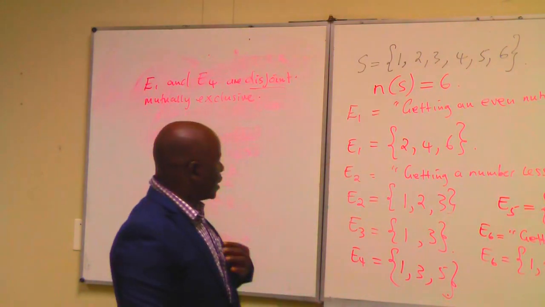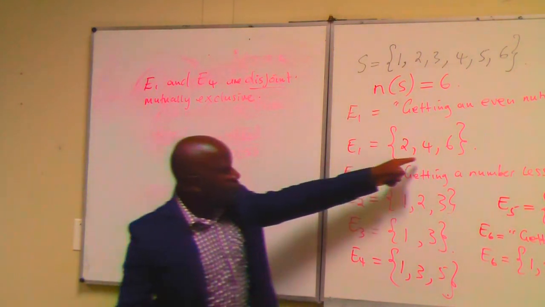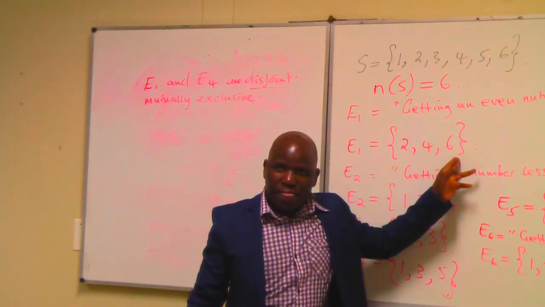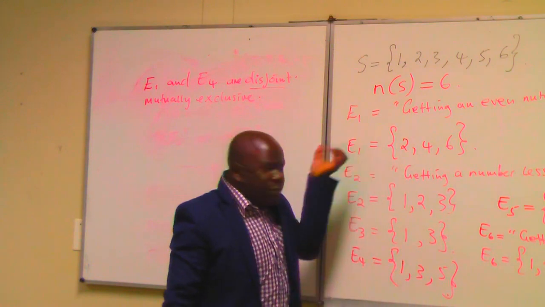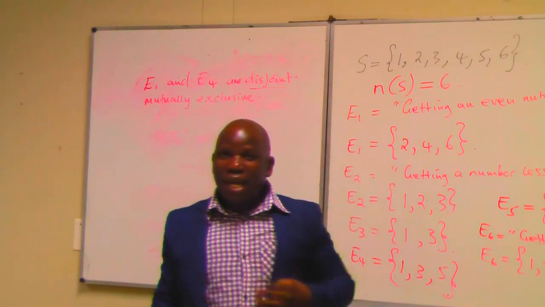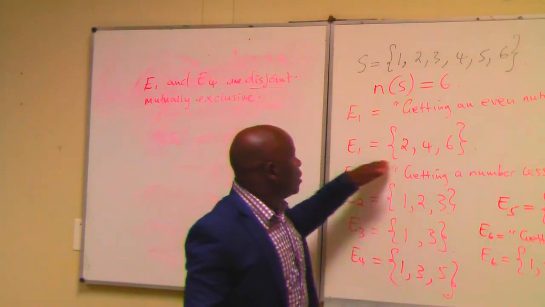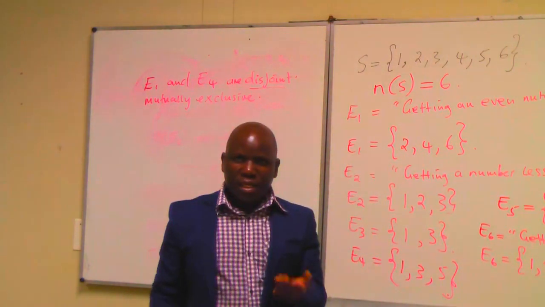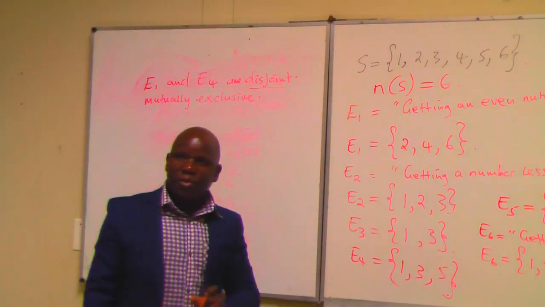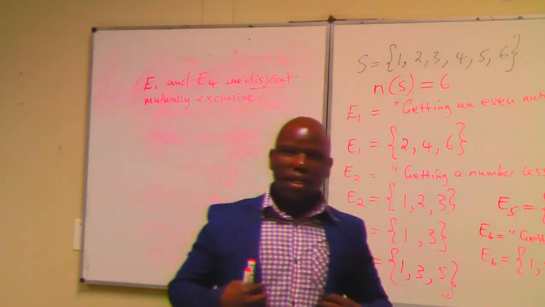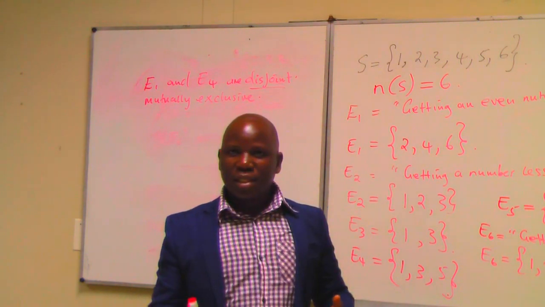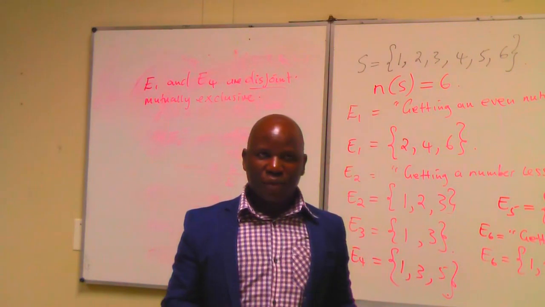So what it means is that once you pick a packet which has got an even number, the mere fact that you have picked an even number excludes the chance that an odd number can be seen. So when we talk of mutually exclusive events, these are events which cannot occur at the same time. Mutually exclusive means to exclude the occurrence of the other.